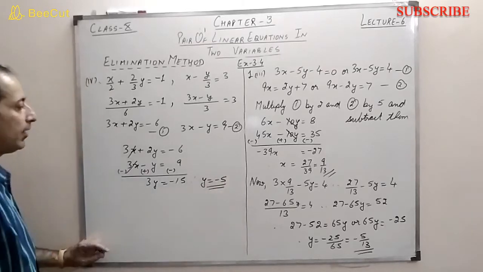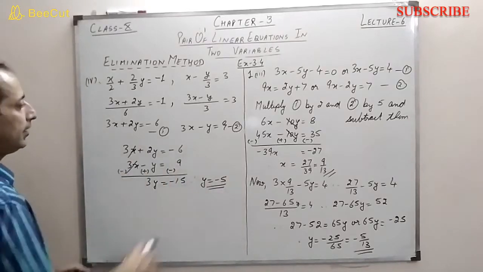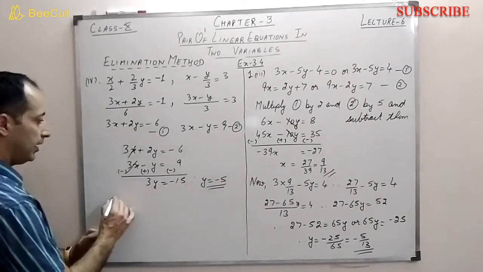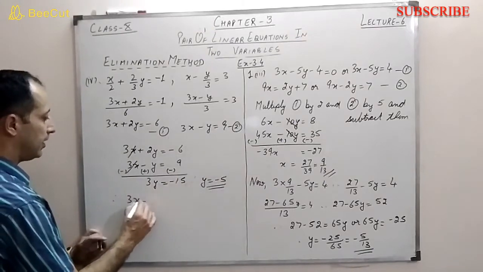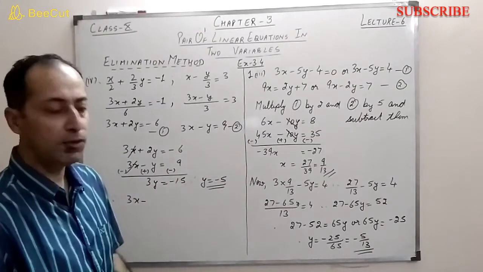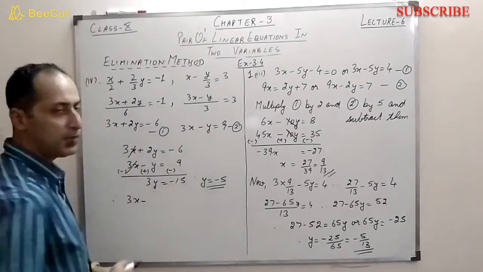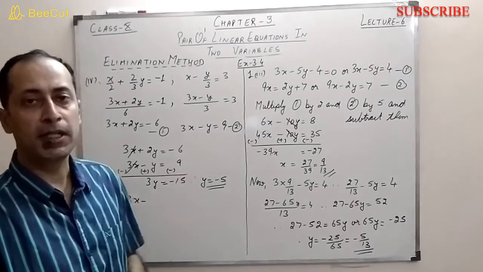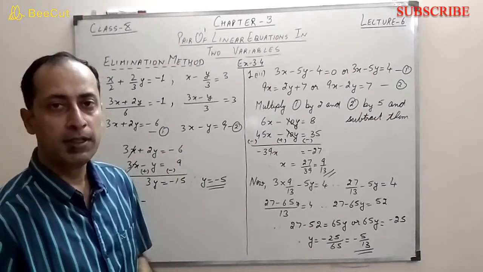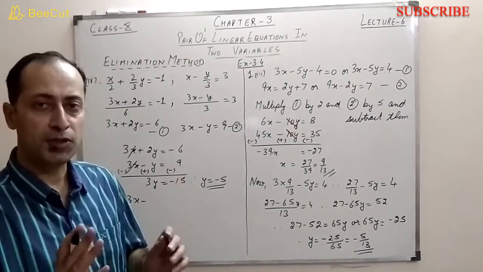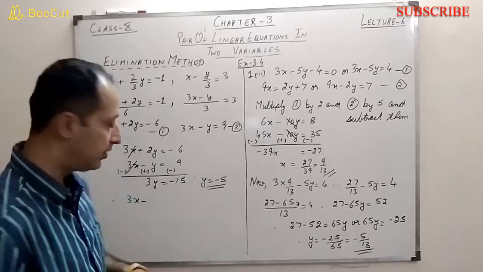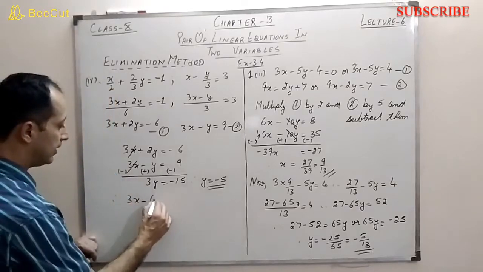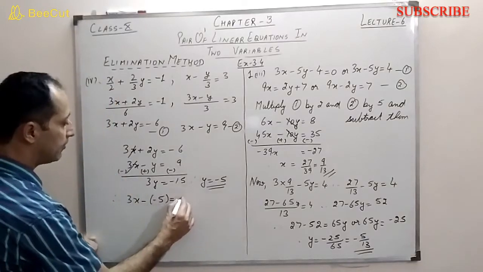So we get the value of y. Substitute the value of y, let's put it in the second equation. Therefore, 3x minus, see, now be very careful. There is already a negative sign and y is also negative. So if any variable value comes out to be negative, make sure that when you are substituting the value, you write it in brackets, right? So this is minus of minus 5 equals to 9.